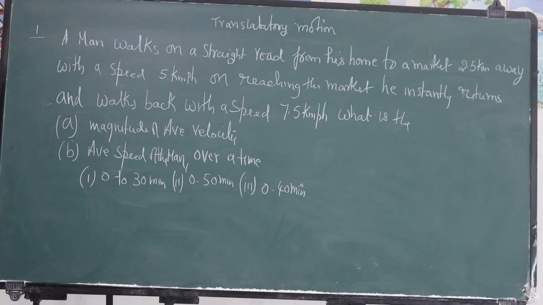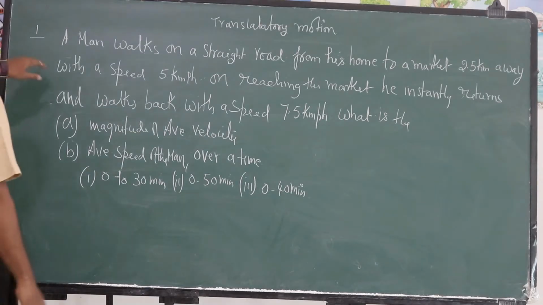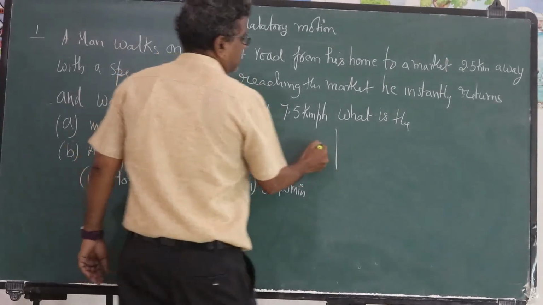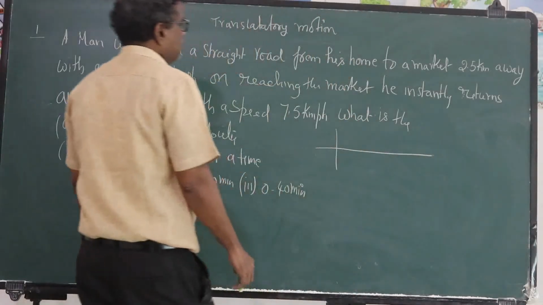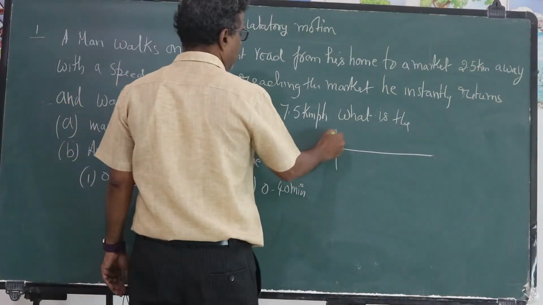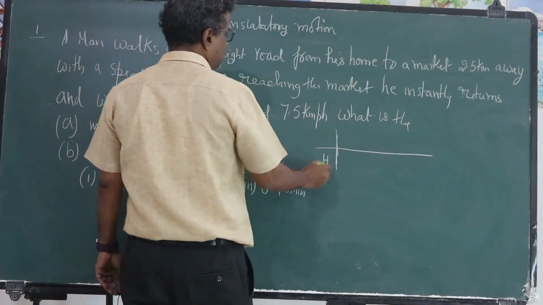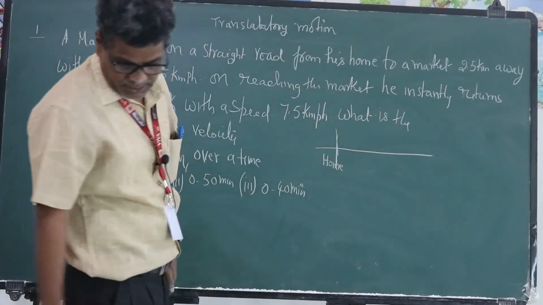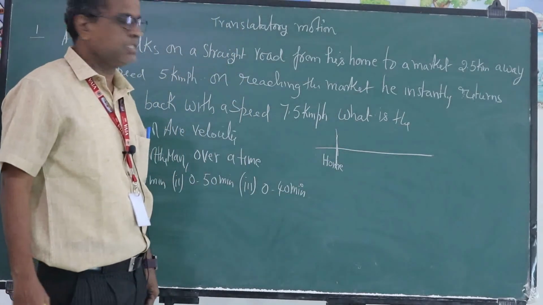Okay, now see how we can solve this problem. A man walks on a straight road. So let it be the origin. His home will be at the origin. Generally, where a person or body starts, we treat as the origin.